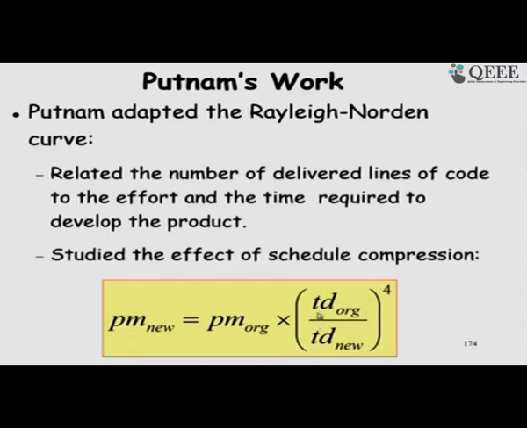So, let us say the new development time is half the original development time, then it becomes 2 in this factor, and 2 to the power 4 is 16. So, if we originally estimated 100 man months, then now we will need 1600 man months just to reduce the development time, but we are developing the same software.